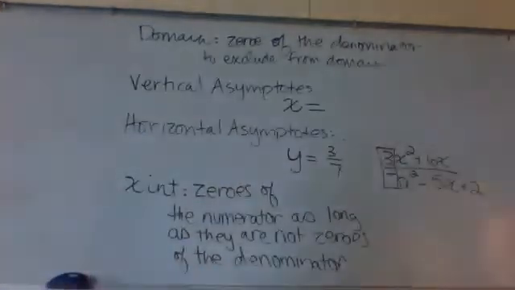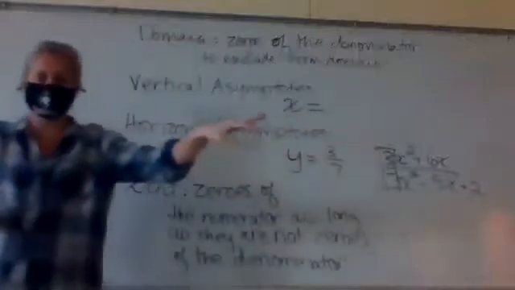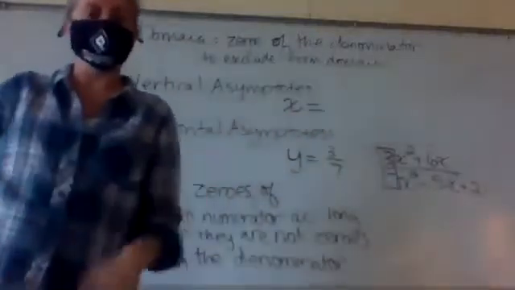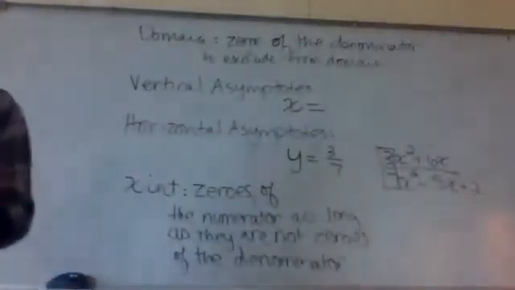So that's where your x-intercepts are going to come from, the zeros of the numerator of your rational function, as long as they are not also zeros of the denominator.